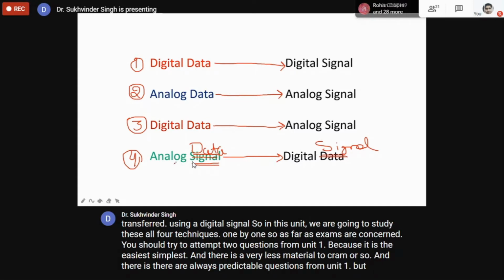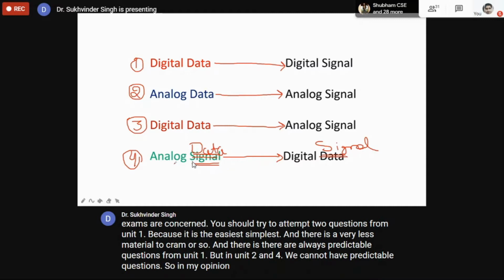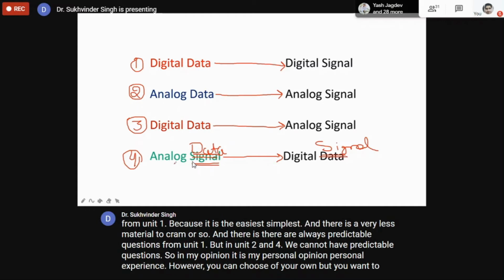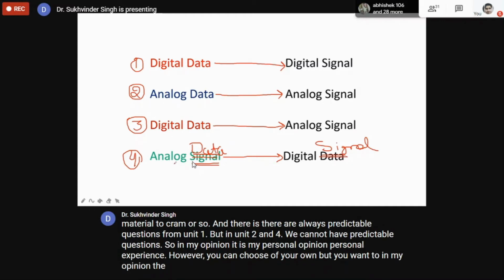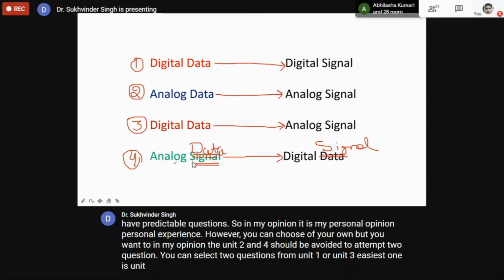But in unit 2 and 4, we cannot have predictable questions. So in my opinion, it is my personal experience, however you can choose of your own what you want to, the unit 2 and 4 should be avoided to attempt 2 questions. You can select 2 questions from unit 1 or unit 3. Easiest one is unit 1 to attempt 2 questions.